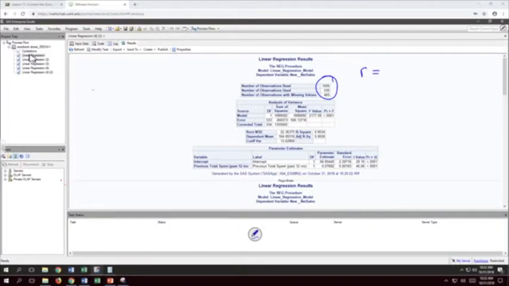So R is the correlation, and if you take the square root of R squared, that's how you get R. Correlation coefficient. This is the coefficient of determination.